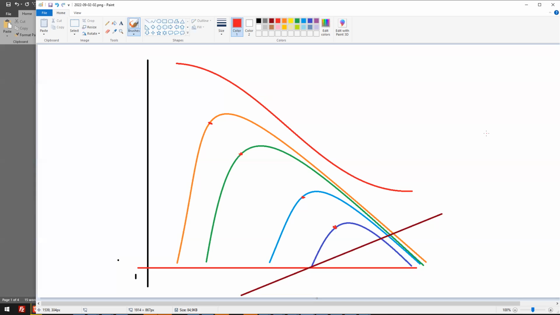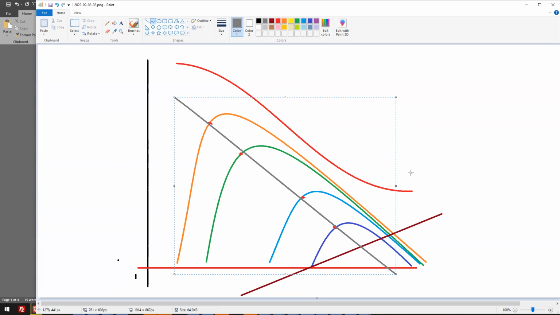And so what we can do then is say, well, all these lines are following this kind of shape. So all these lines seem to fit through there.